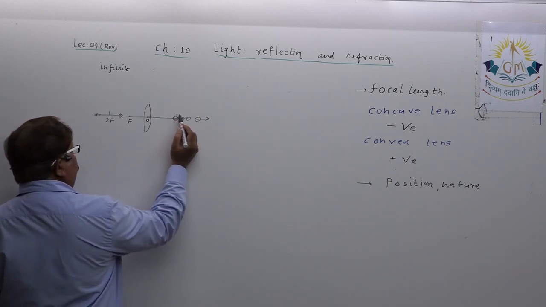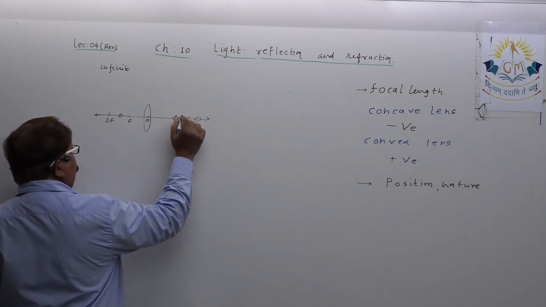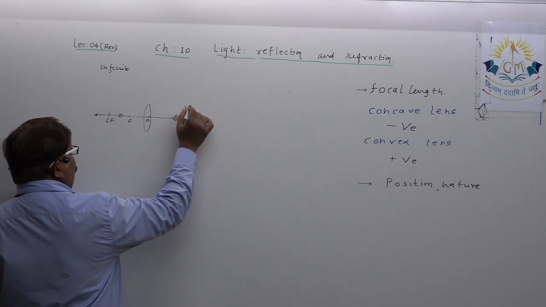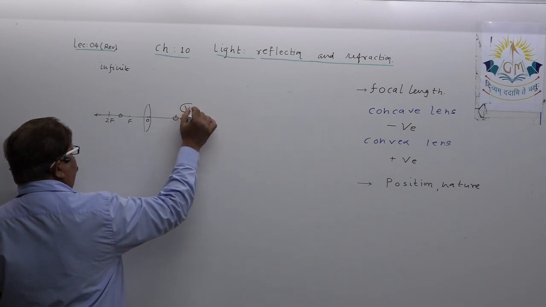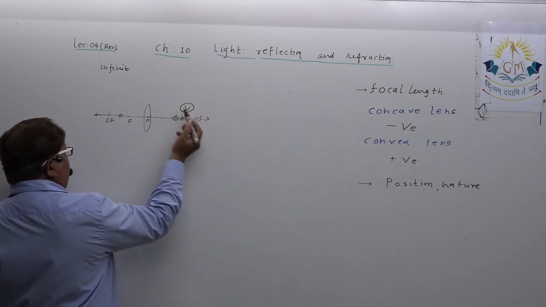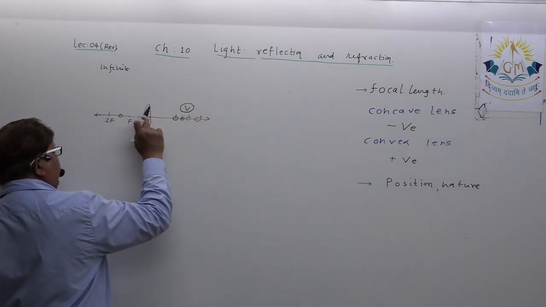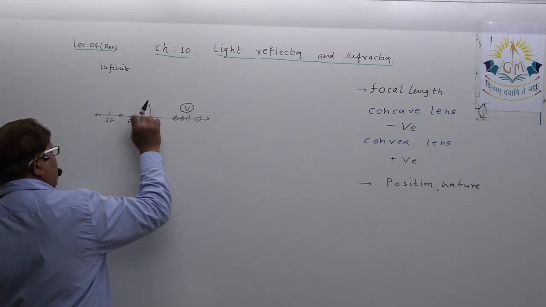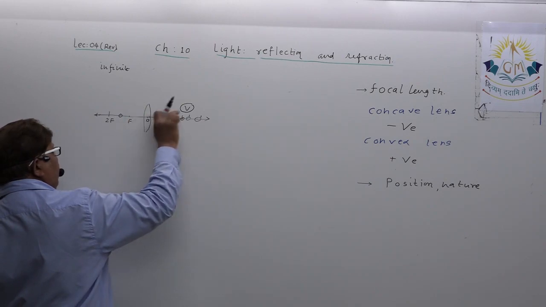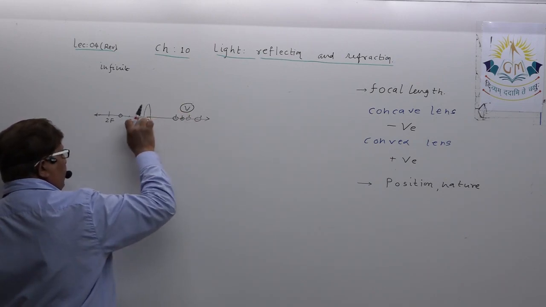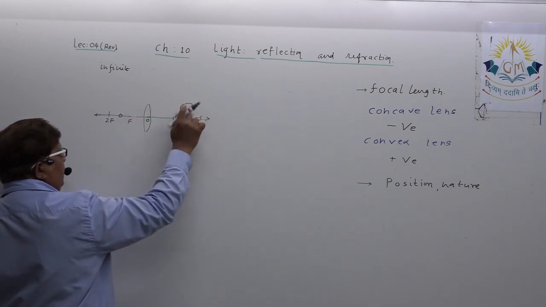This location which I have just shown represents the image distance, which is obviously going to be positive as per the Cartesian rule, because you are moving from the pole, the optical center, to the right.